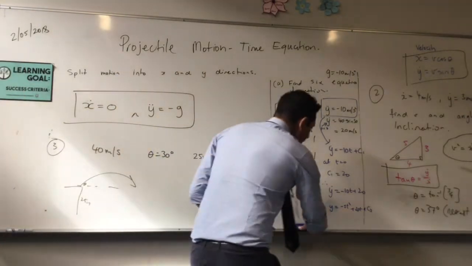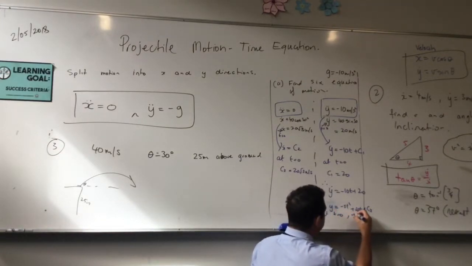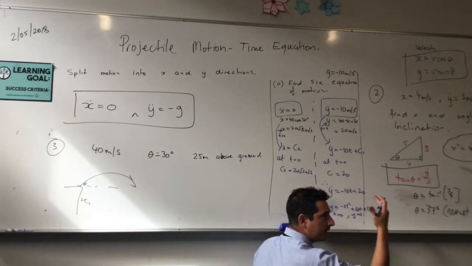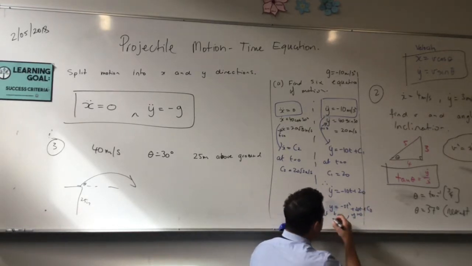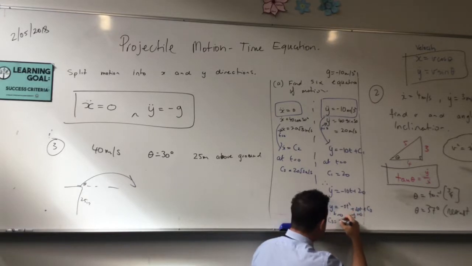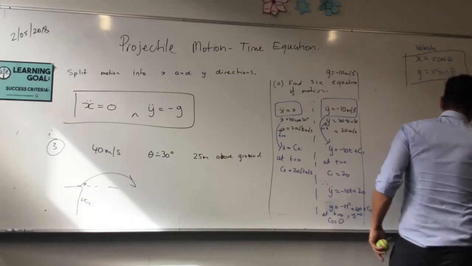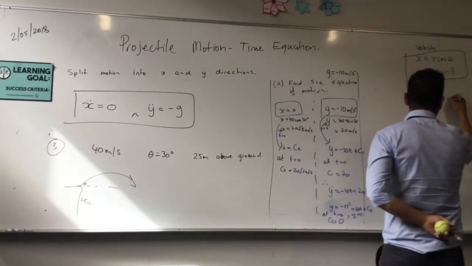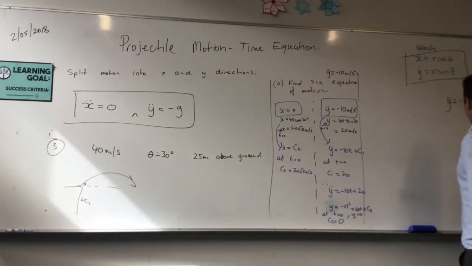At t equals 0, Y equals 0, because we haven't moved up at all. So c3 equals 0, and Y equals minus 5t squared plus 20t.